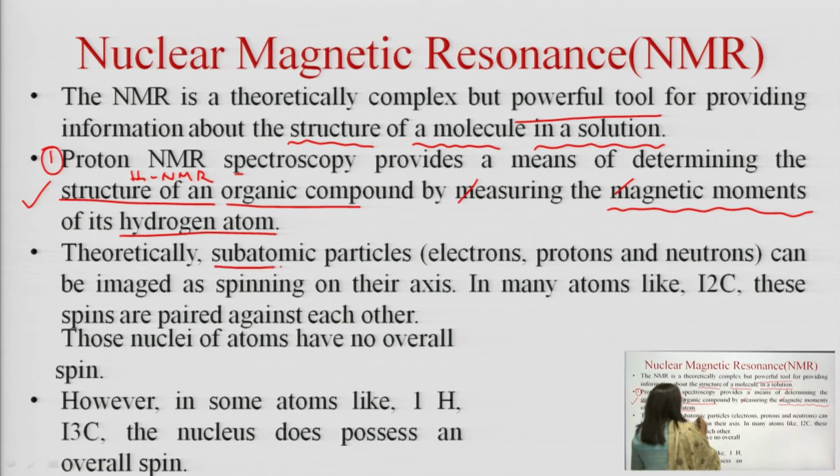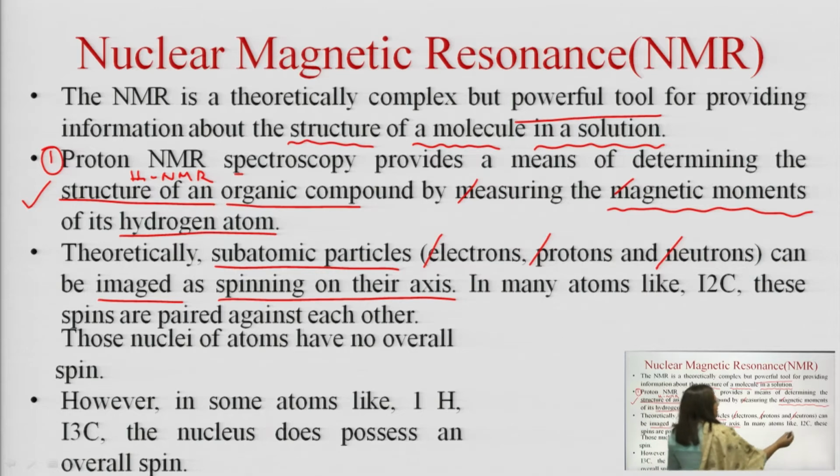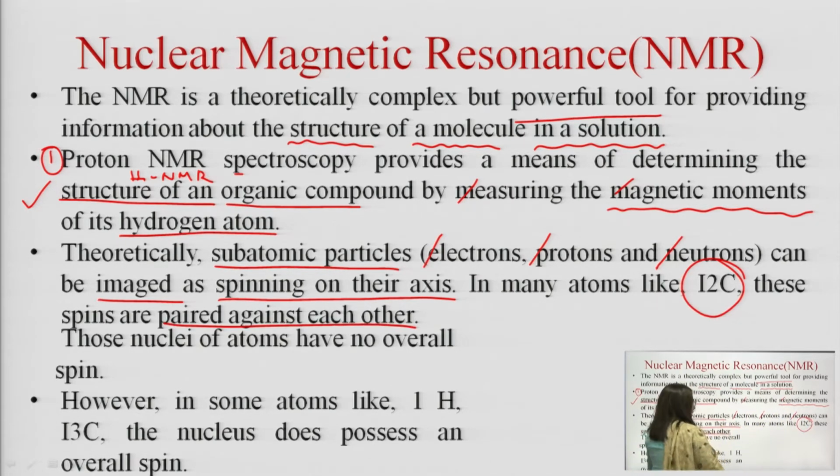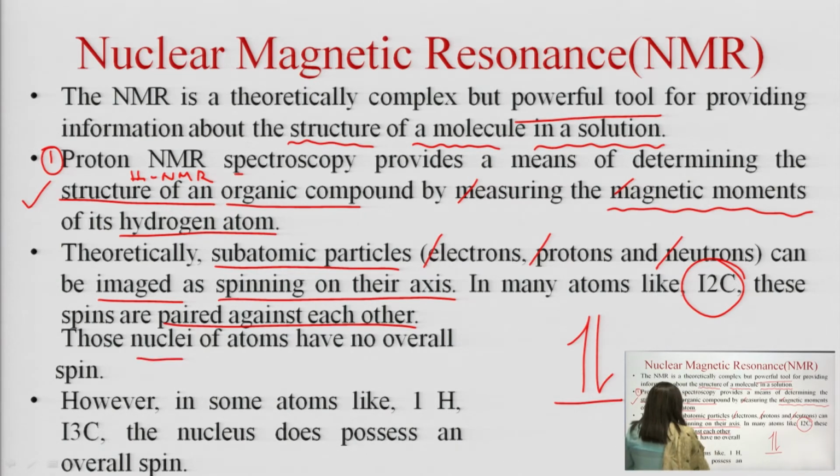Theoretically, subatomic particles like electrons, protons and neutrons can be imagined as spinning on their axis. In many atoms like carbon-12, these spins are paired against each other. What I mean to say is, each electron is paired in case of these C12 type atoms, but those nuclei of atoms have no overall spin.